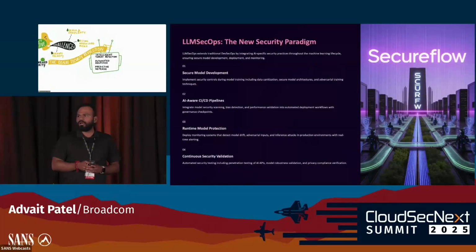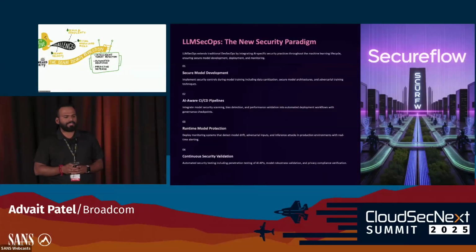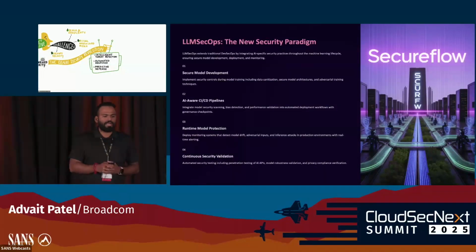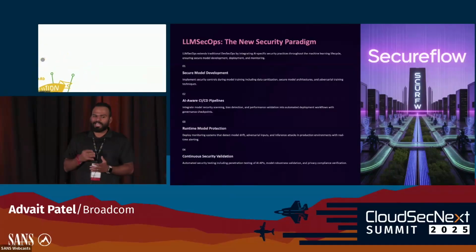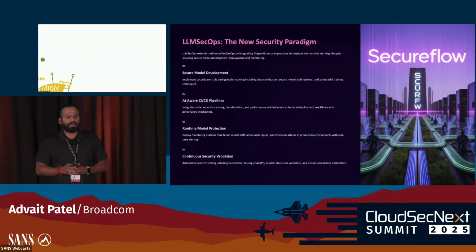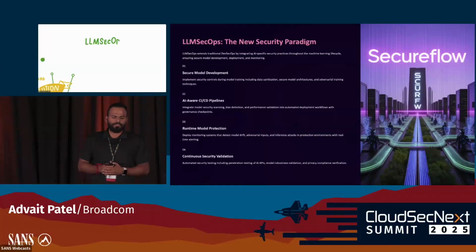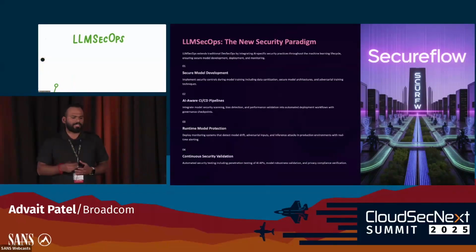So we need AI integrated with our DevSecOps pipelines, because those pipelines have to start scanning the pipeline infrastructure. They have to sanitize the data, and also they have to secure the model architecture and apply adversarial training techniques in the pipeline. So that's where LLMSecOps comes into the picture and helps us.